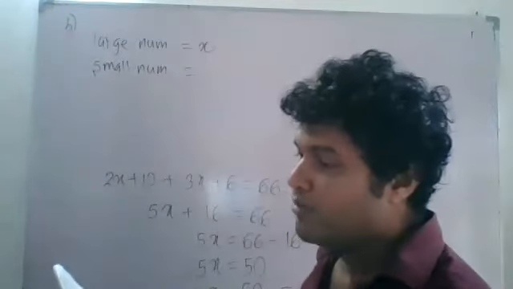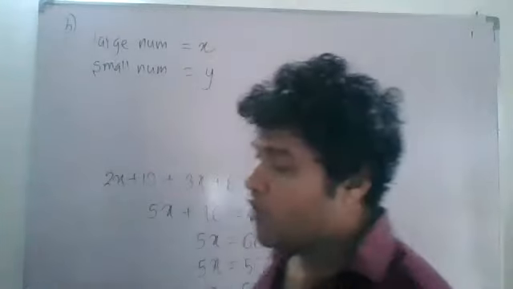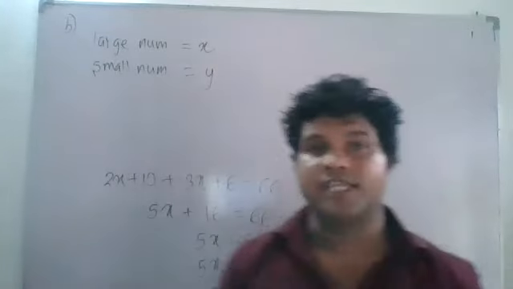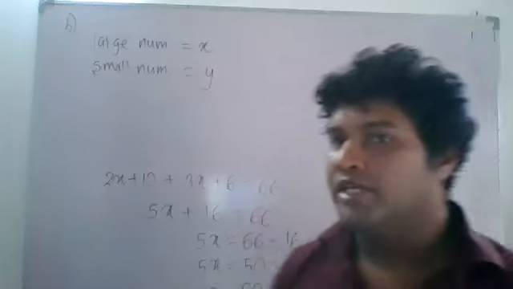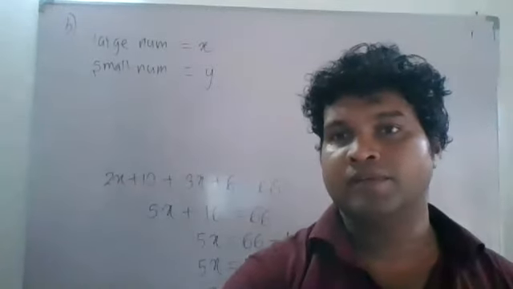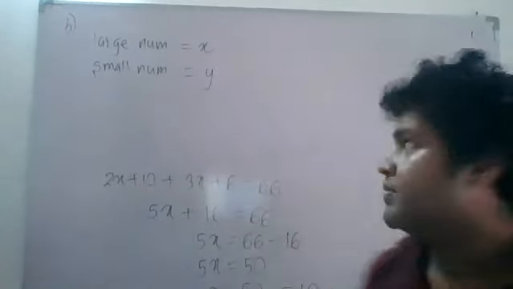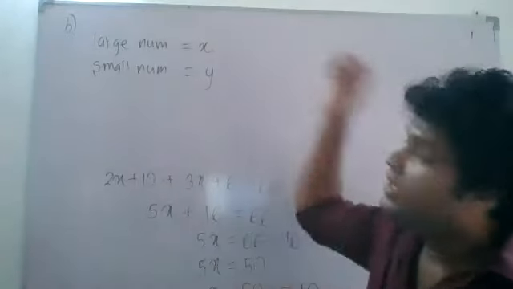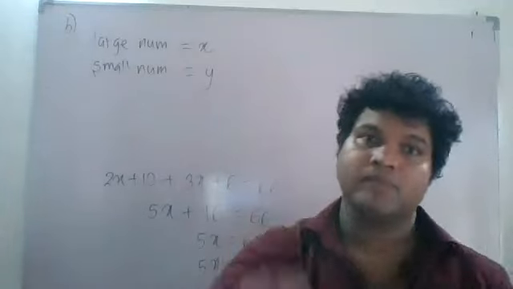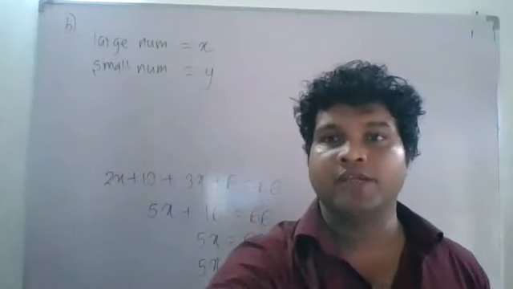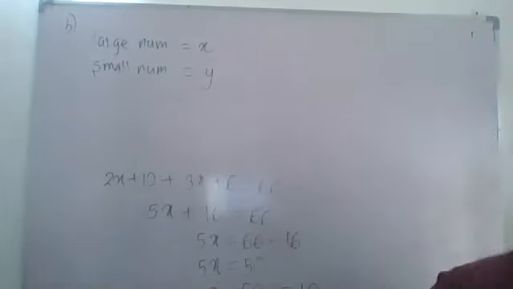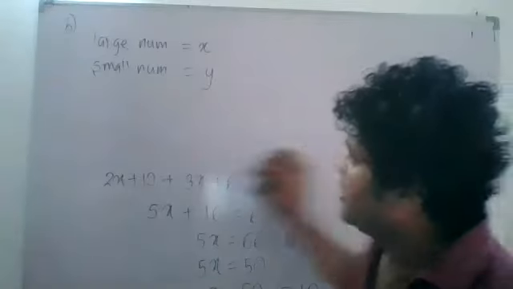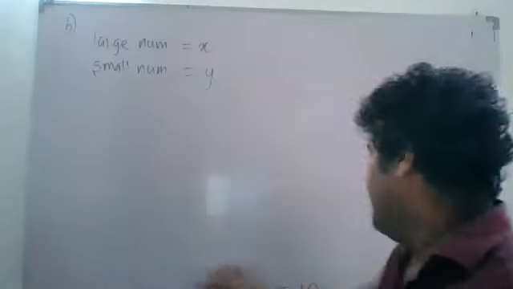Small number y, form two equations which include x and y. Now we are going to build up a simultaneous equation, a pair of simultaneous equations, right? But still we didn't read the main part of the problem. Right? We have to read. Okay, now we have got that x and y.